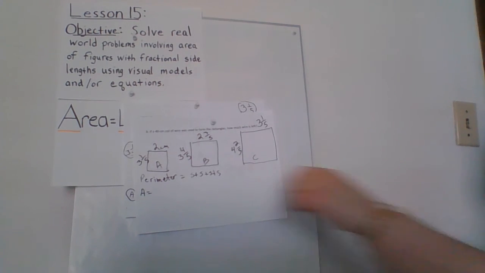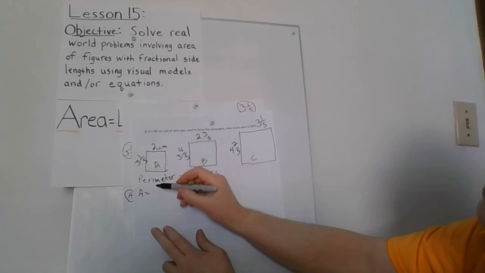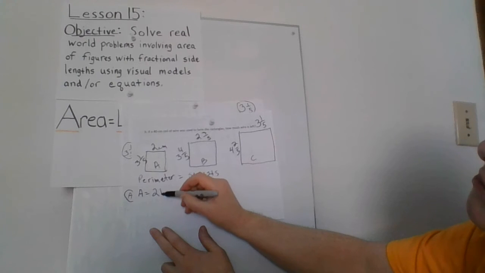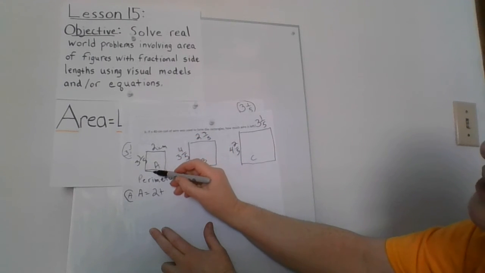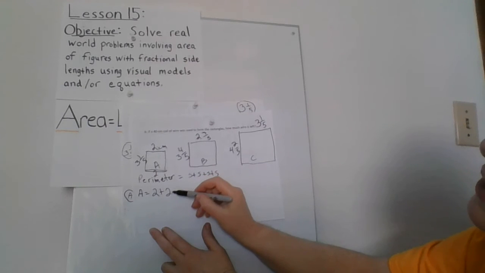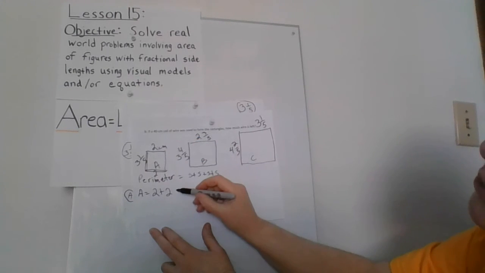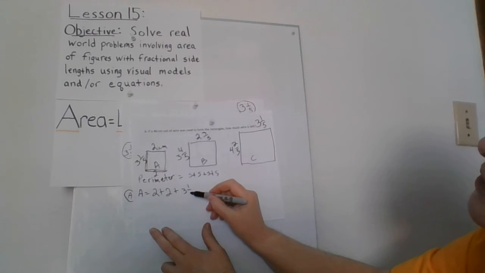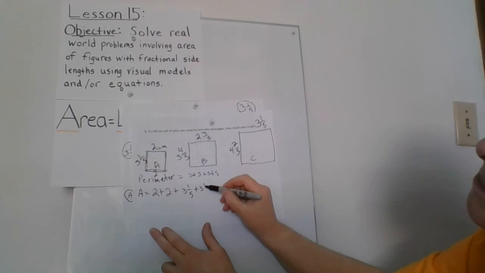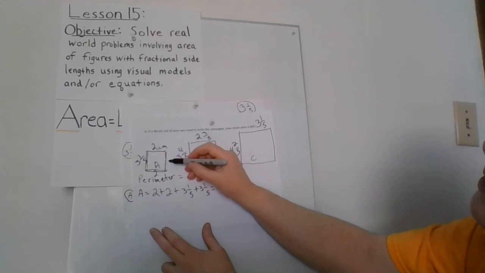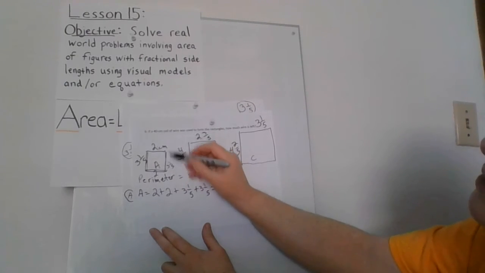For letter A, for the rectangle A, I have 2. Well, remember, if this length is 2, then this length is also 2. And if this length is 3 1/5, this length would also be 3 1/5. So I have 3 1/5.